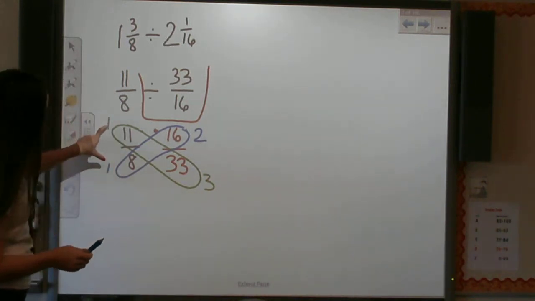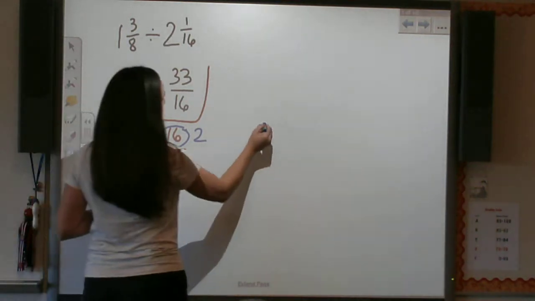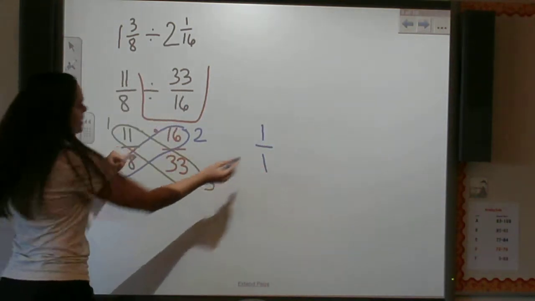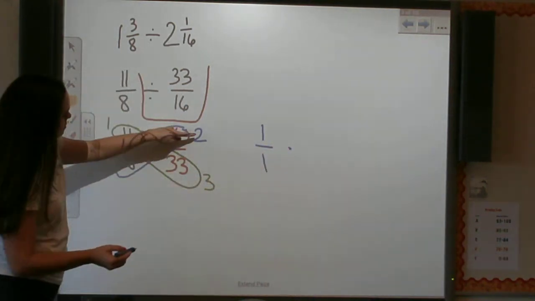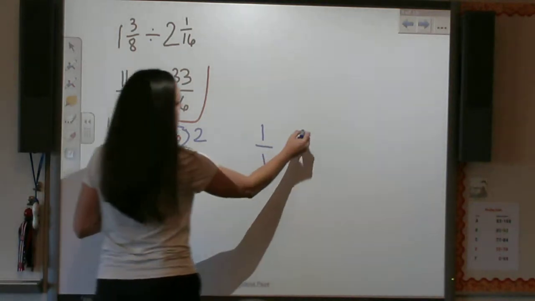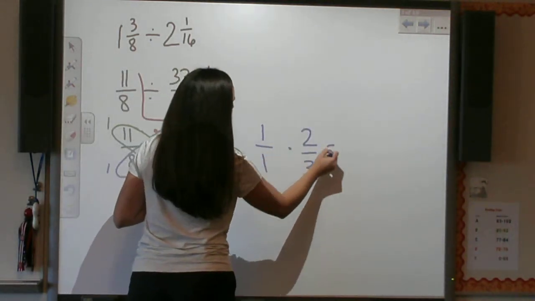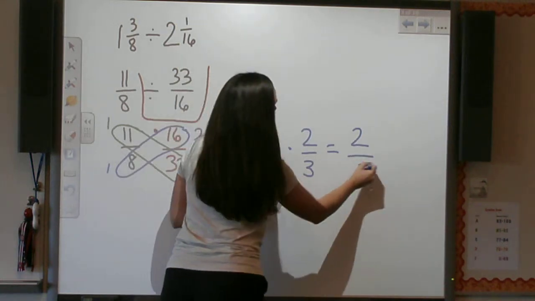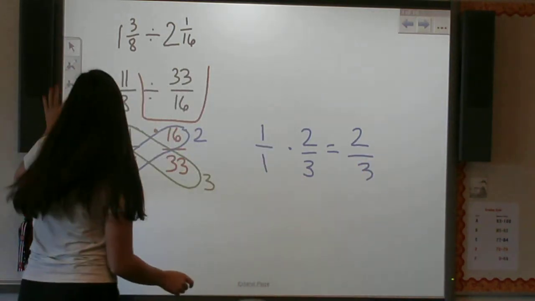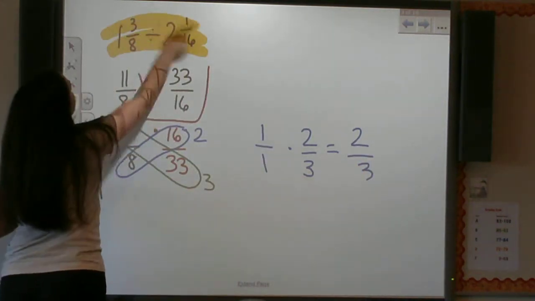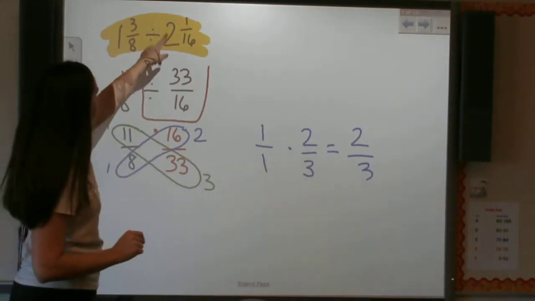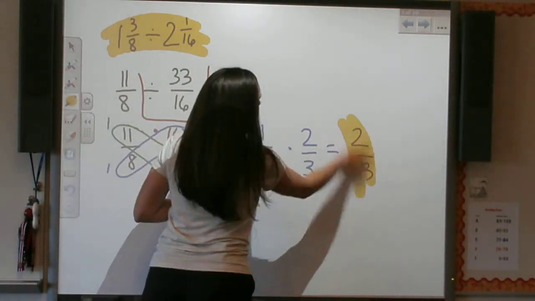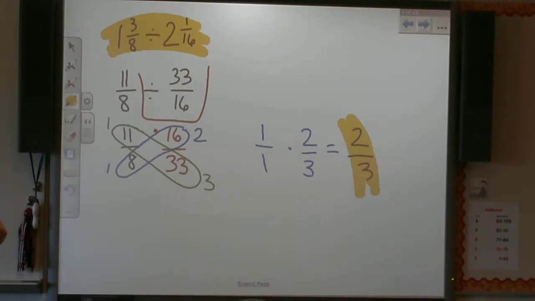So this left fraction became 1/1 times, and this right fraction became 2/3. So 1 times 2 is 2, and 1 times 3 is 3. So 1 3/8 divided by 2 1/16 is equal to 2/3.